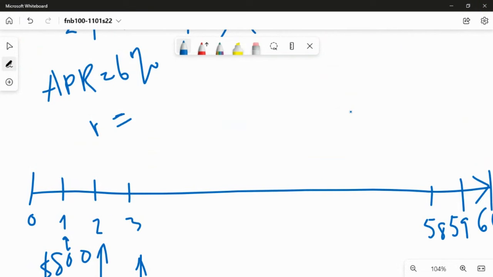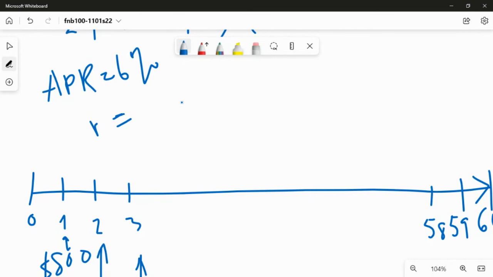So for 6%, you would have to multiply. Why multiply? Because you have to find the periodic rate. And then what would the periodic rate be?